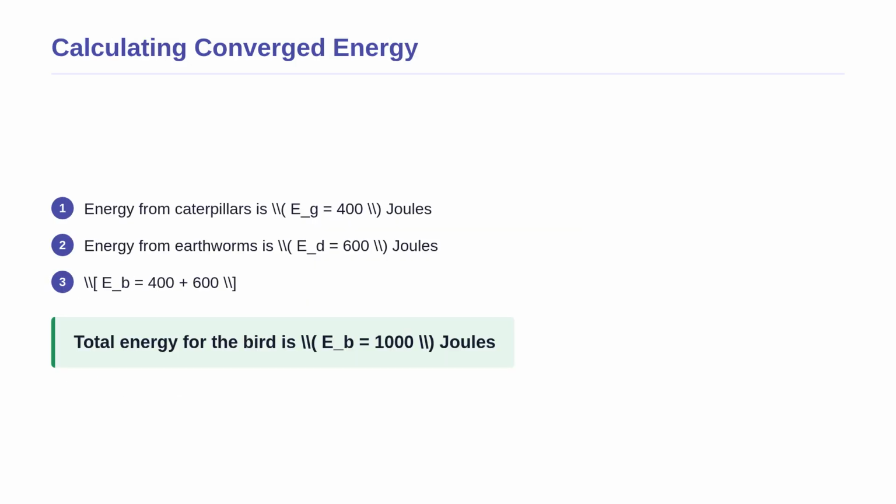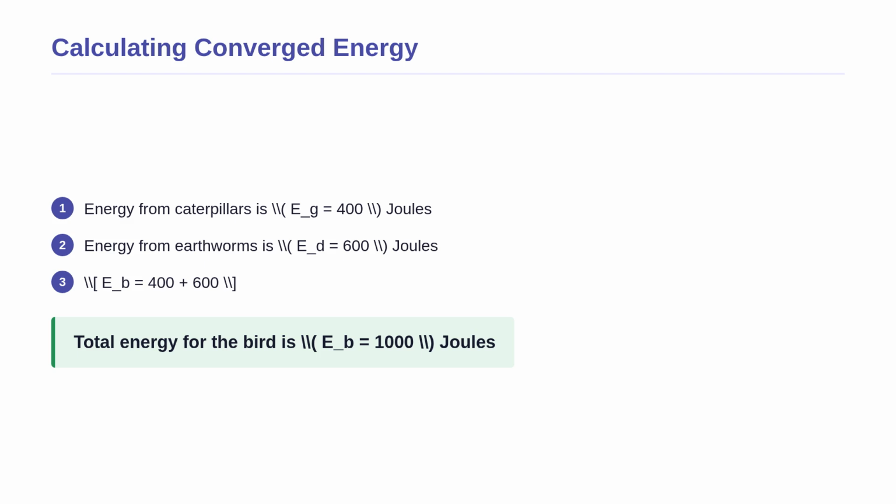Let us apply this convergence formula to a realistic Y-shaped food chain in a forest ecosystem. Imagine a bird acting as a secondary consumer, feeding from 2 different pathways simultaneously. From the grazing arm, it eats caterpillars that contain 400 joules of available energy. From the detritus arm, it eats earthworms that contain 600 joules of available energy.